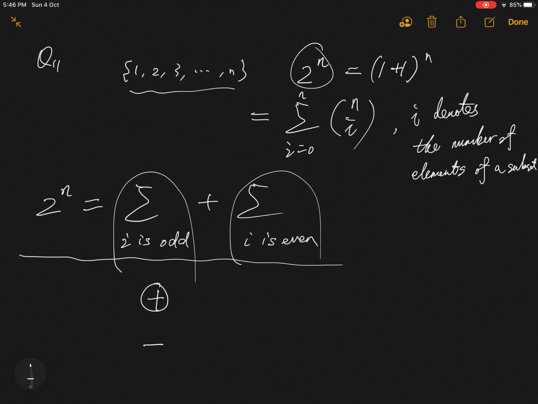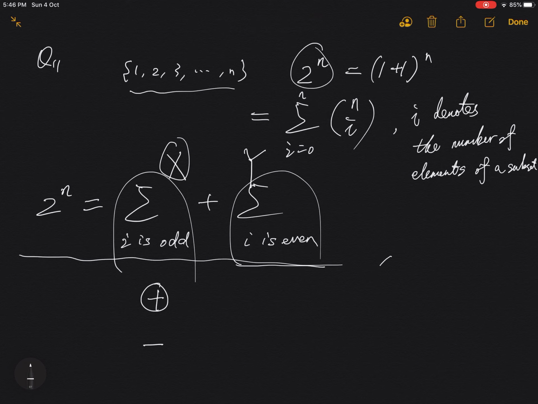Why I recall this is that if we denote the first term as x, the second term as y, x denotes the number of subsets with an odd number of elements, and y the number of subsets with an even number of elements, right?